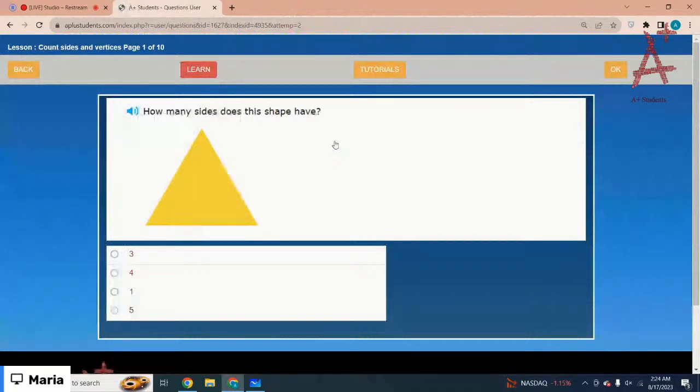Which is the correct option? The shape has three sides. That is a triangle. The correct option is 3.